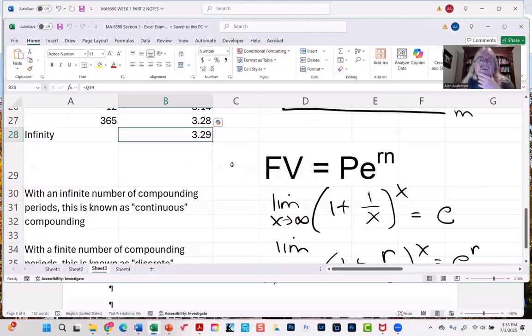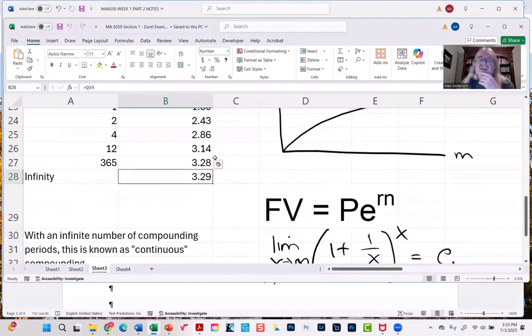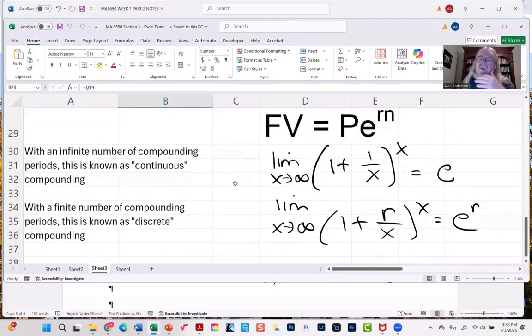The rest of the cases are said to be discrete compounding because the number of compounding periods is finite. Remember the word continuous means an infinite number of possibilities. Discrete means a finite number of possibilities. So the limiting case is what's known as continuous compounding.